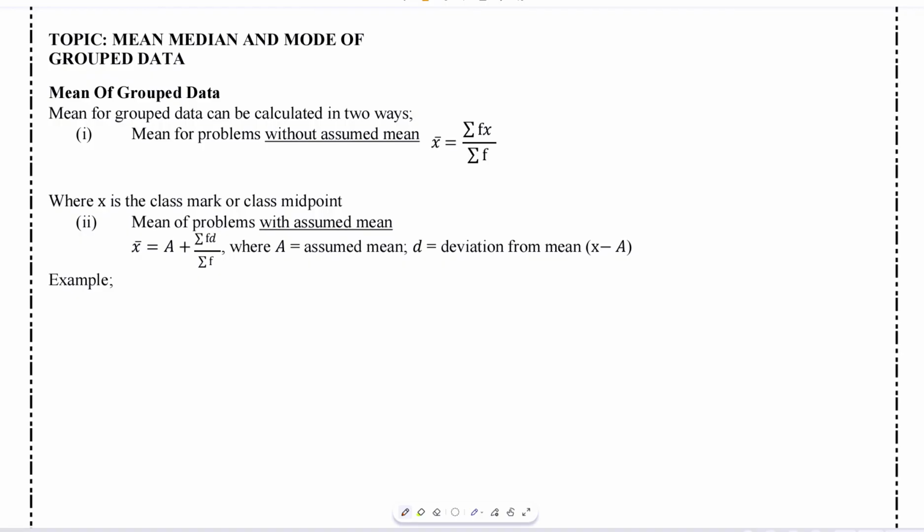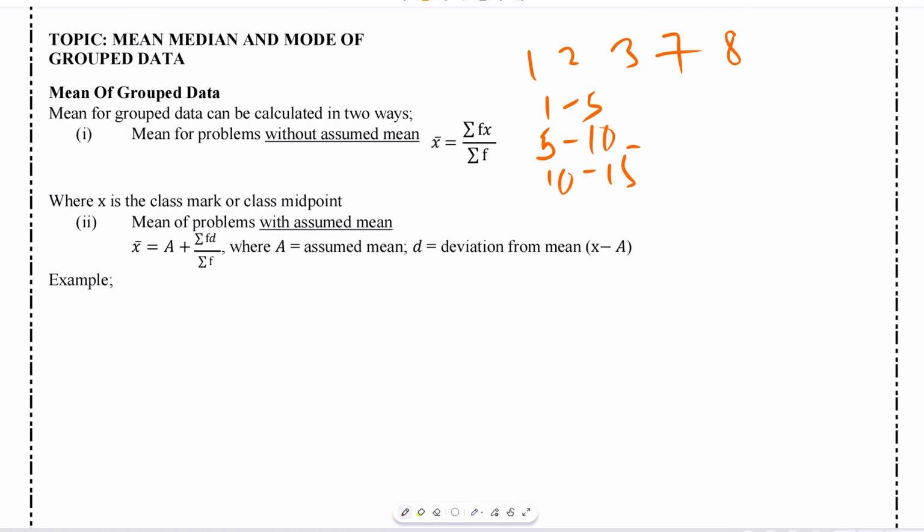If you have something like 1, 2, 3, 7, 8, they are ungrouped data. I get what I'm saying? But once I have something like this, maybe 1 to 5, 5 to 10, 10 to 15, etc., this is all called grouped data.